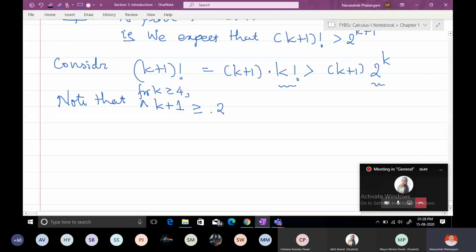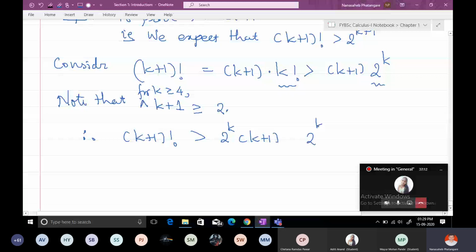Then 4 plus 1 is 5, which is greater than 2. If it is 5, 6, 7, in all possible values of k, this amount is greater than 2, right? Therefore, k plus 1 factorial is already greater than 2 raised to k times k plus 1, and now I will keep 2 raised to k as it is, and I will replace k plus 1 by a smaller amount, which is 2. Then which quantity is bigger?